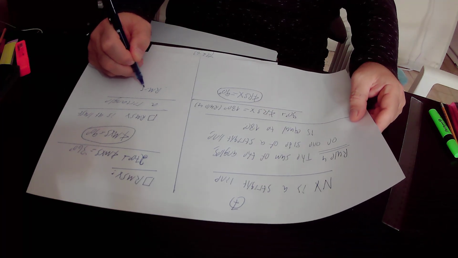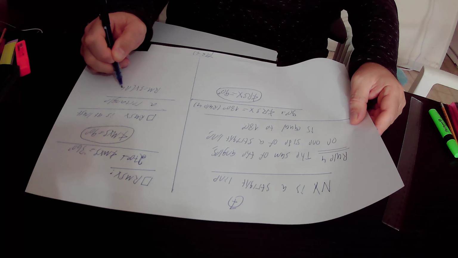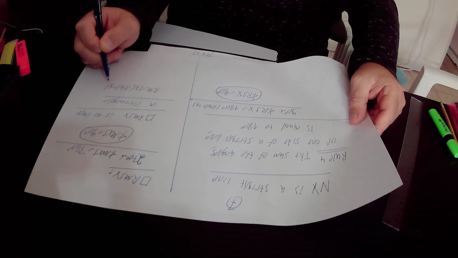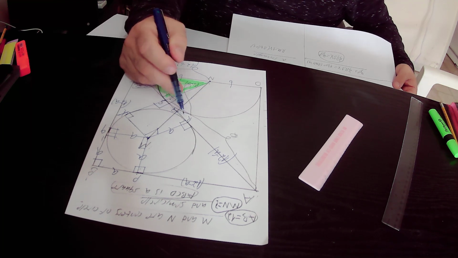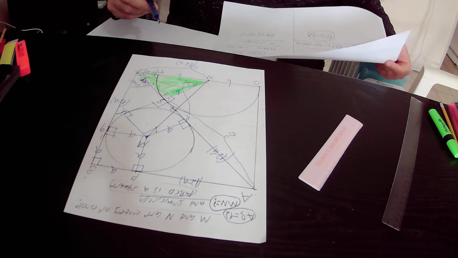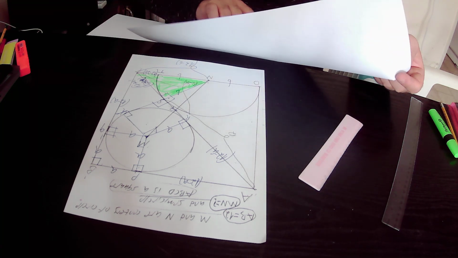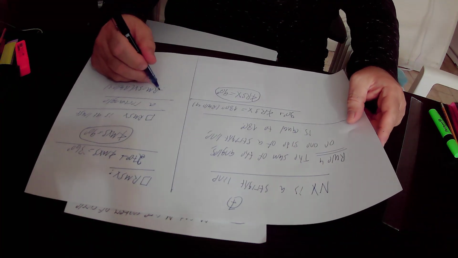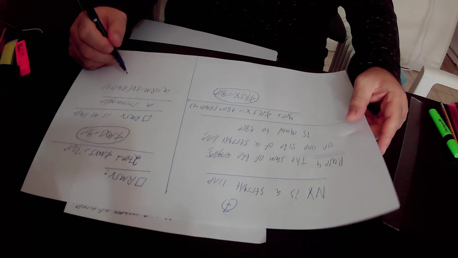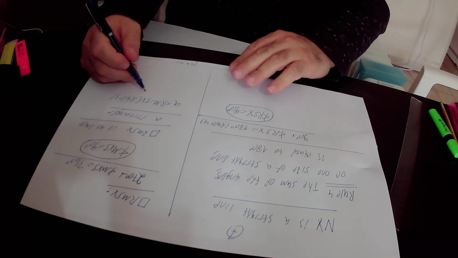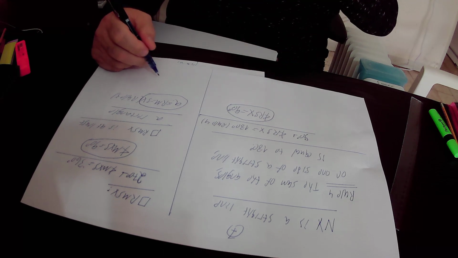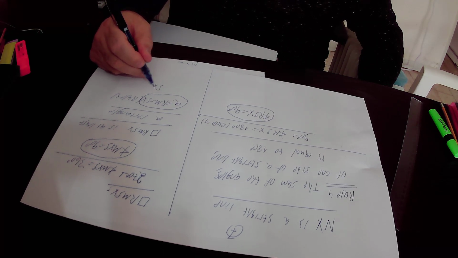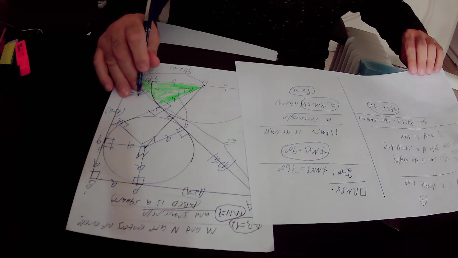But we have already found out that Rm equals A. It is the radius of this circle. So from A equals Rm equals Sx, we conclude that Sx is also equal to A. You can write here that Sx equals A.